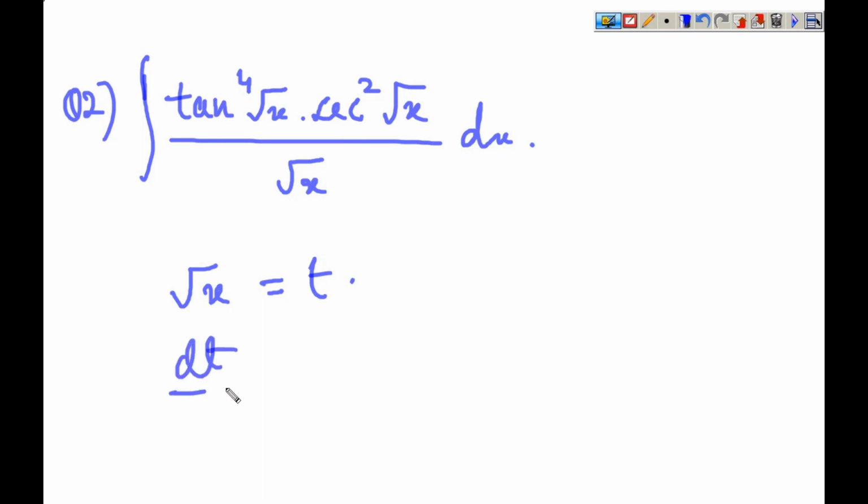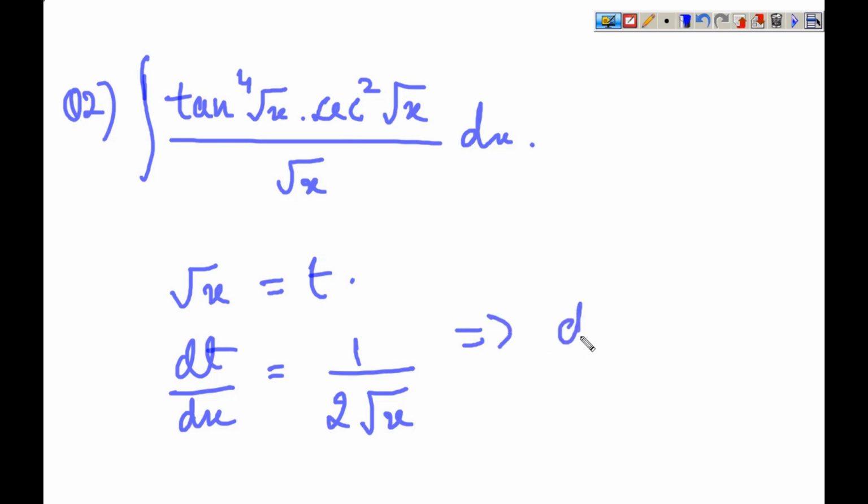So dt by dx will give me 1 by 2 under root x, right? Which implies that dx will be 2 under root x dt, right? So I can put this in place of dx, and I can put t in place of under root x. So this will simplify this function a little bit.